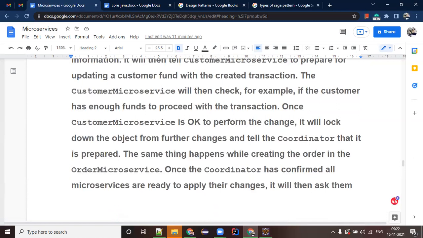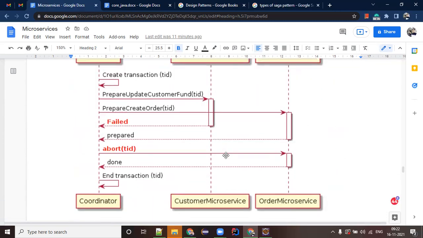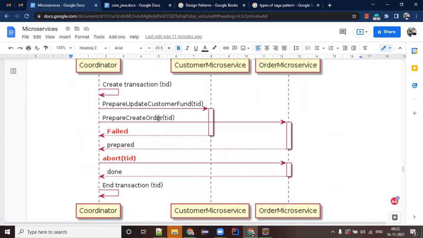Now think about if something went wrong, what will happen. Same flow, somehow the update customer has notified you that it failed, and order has notified you it prepared. So one of your transactions has failed.